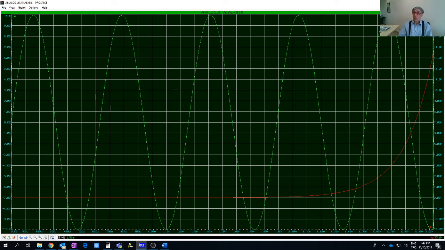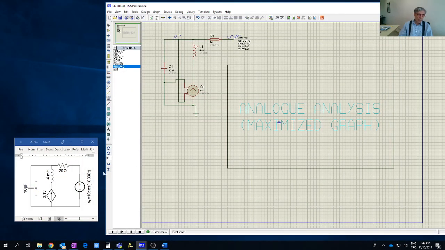Later on, what we are going to do is this. I am going to make this circuit stable. How I am going to make it, I'll show later on. I am going to change this coefficient here. A small change. All the configuration is the same, all the other elements and parameters are the same. Just by changing this coefficient, we are going to observe that this circuit becomes stable.